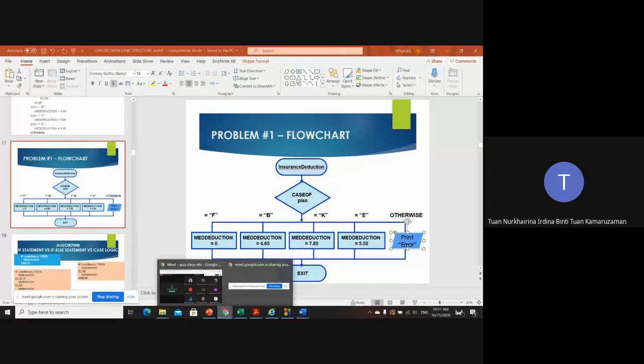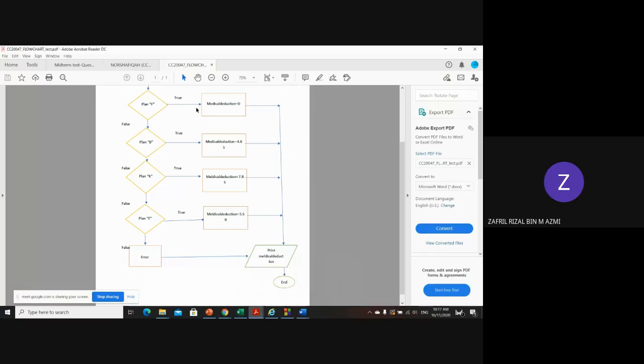Student: For the plan in the diamond, do we need to have a range? For example, if make deduction is 0, then less than 0, like that.